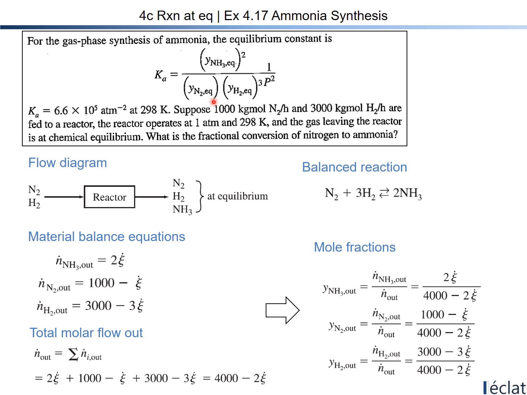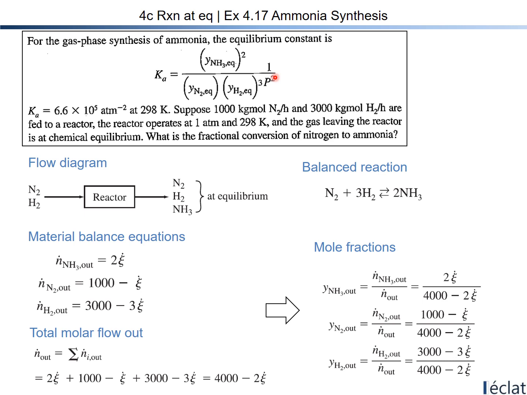So this is nitrogen to the power of minus 1, hydrogen to the power of minus 3, and ammonia to the power of 2, with 1 over P squared, because the summation of stoichiometric coefficients is 2 minus 3 minus 1, which is minus 2. So the pressure term is P to the minus 2.